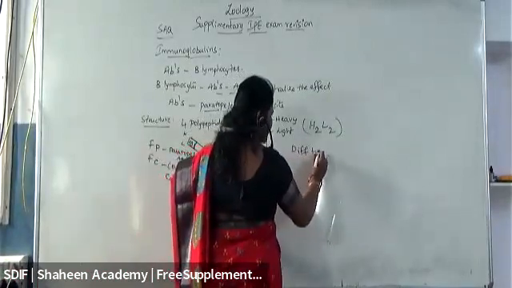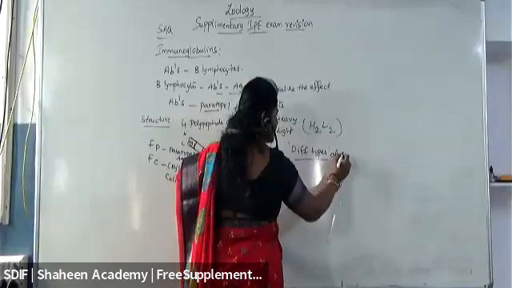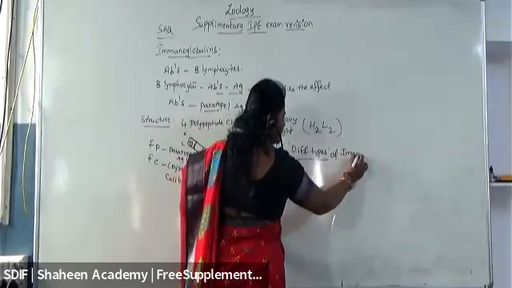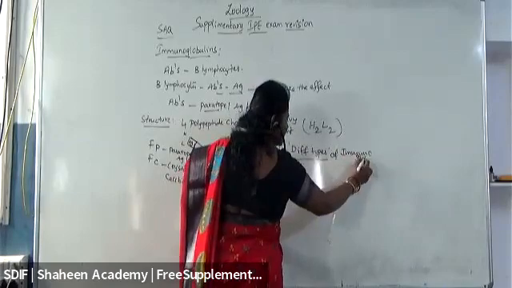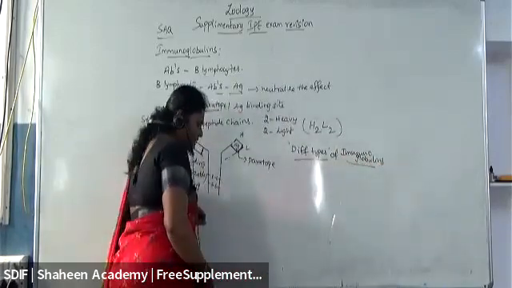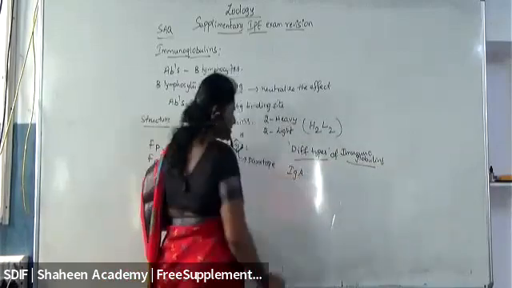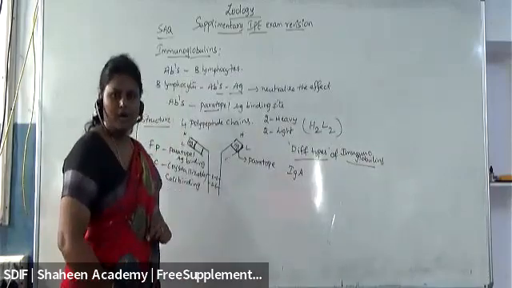Antibodies are of different types, so that's why it is specific immunity. So what are the different types of immunoglobulins? There are 5 different types. What is Ig? Immunoglobulin.